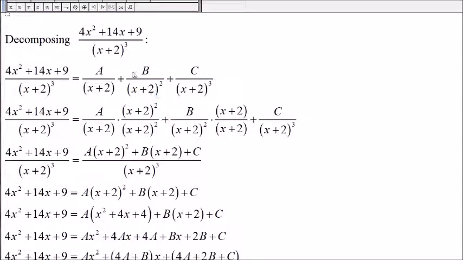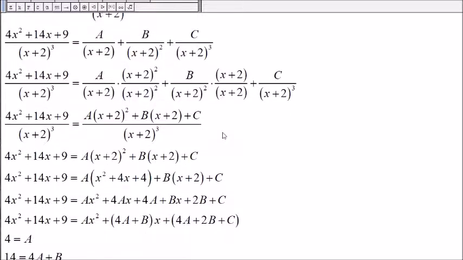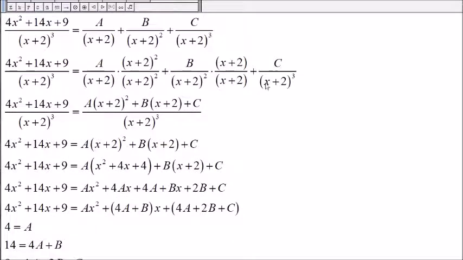Multiply this fraction by x plus 2 over x plus 2. And now all denominators are x plus 2 to the third. And so we have a times x plus 2 squared, b times x plus 2, and then plus c.